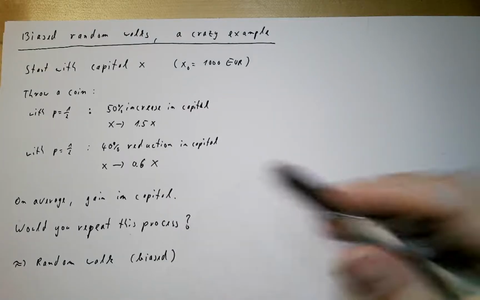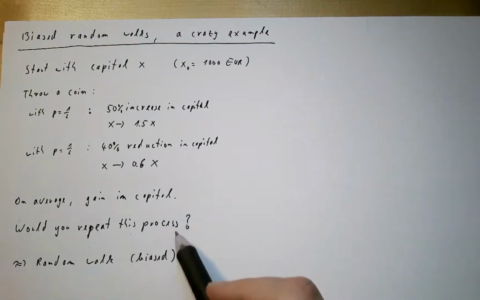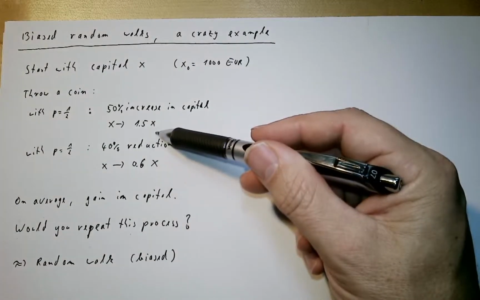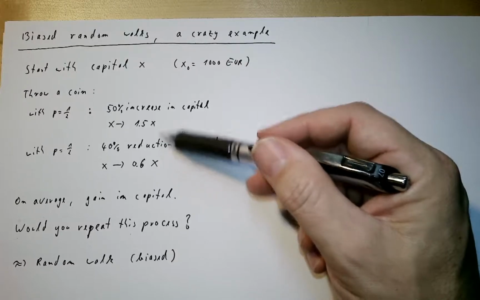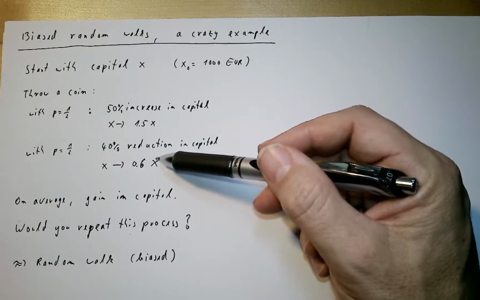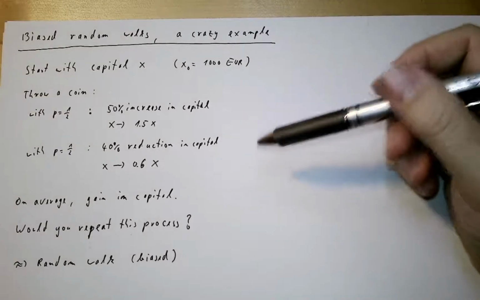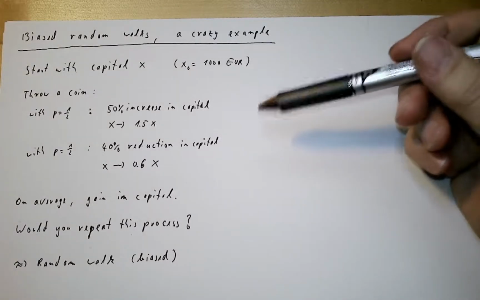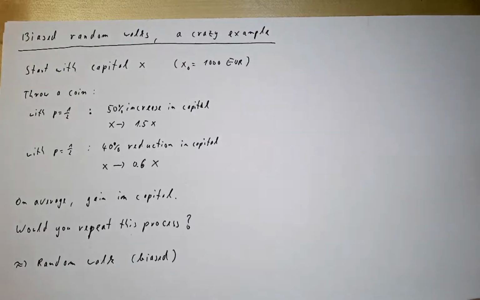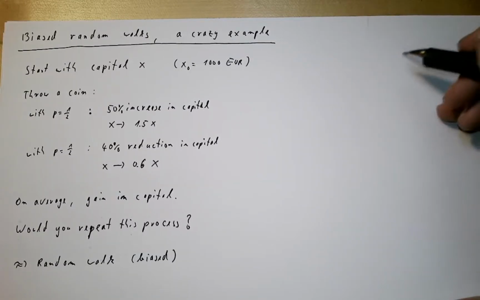So the question is, would you do it against me? You see, in every step of the walk, you have a gain in the expected money. Somehow this is one of these crazy examples where the intuition of most humans goes wrong.